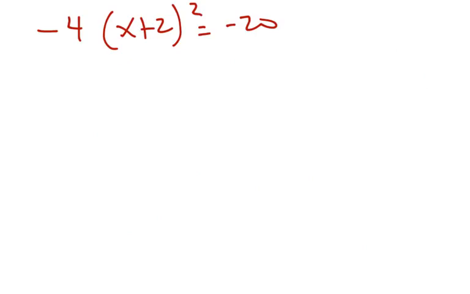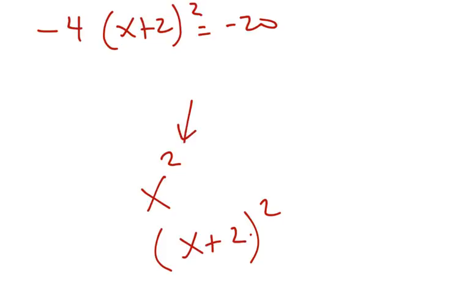Okay, now I'm going to solve that. Here, instead of having an x to the second power, I have an x plus 2 to the second power. Before, we had only the x to the second power.